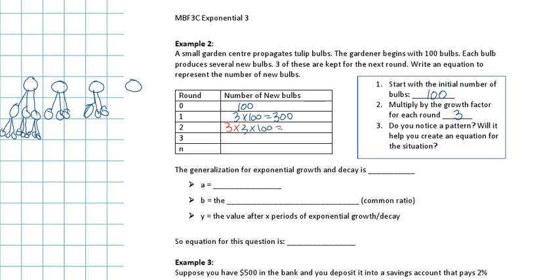Okay? Then we're going to take the second round and we're going to multiply it by 3. And that's going to be what? 2,700? 2,700, right?